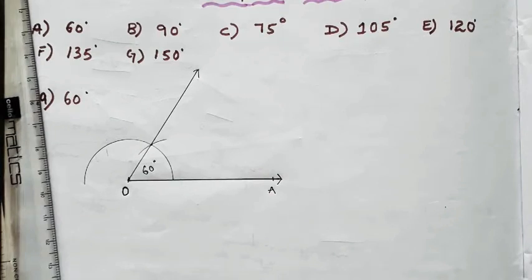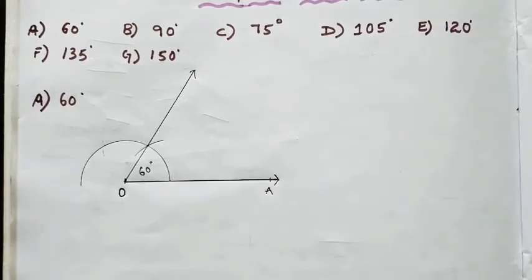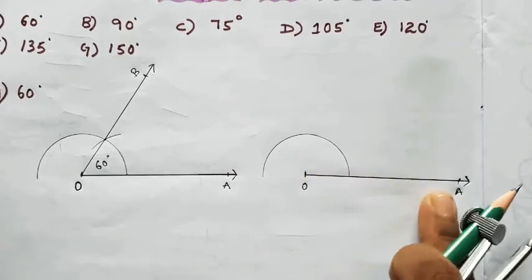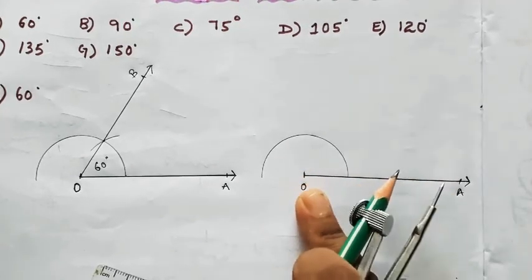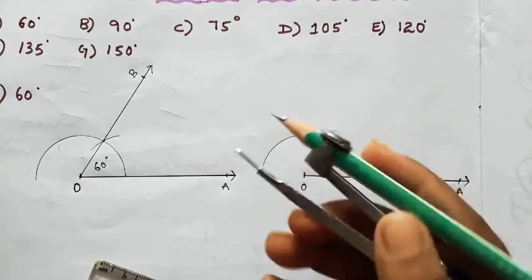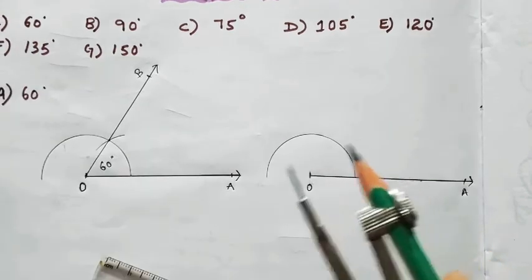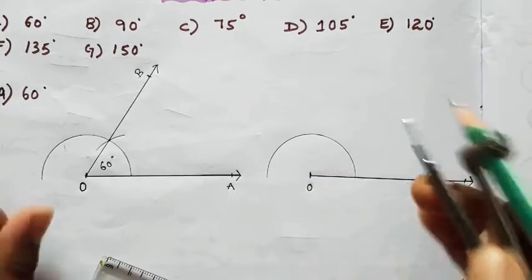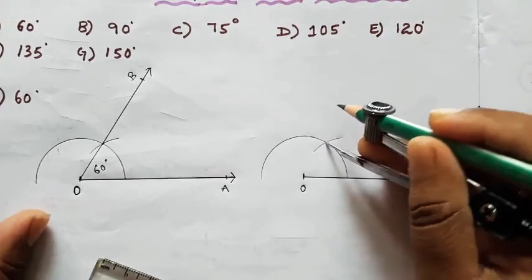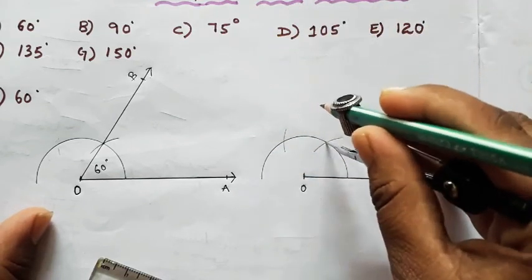Simultaneously I will explain how to make 180 degrees. Same thing: you have to draw one baseline. Take this point as a reference point. From here make a semicircle by taking some extent of the compass, and without moving your compass, put the first arc of 60, and from this point mark another 60.